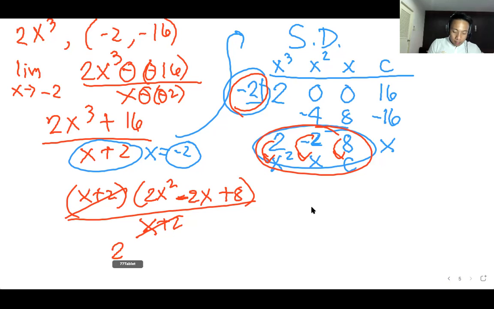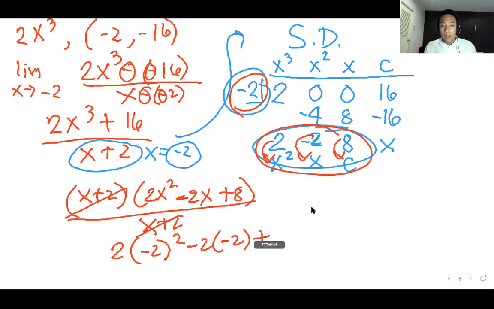So x, I will make it negative 2. Right? Okay, let's solve. Negative 2 squared is 4. Negative 2 times negative 2, we have 4 plus 8.